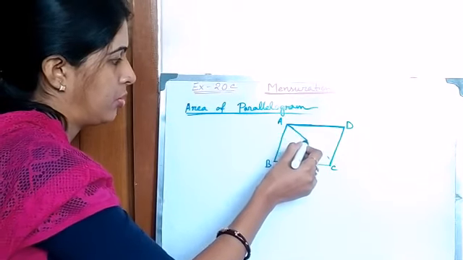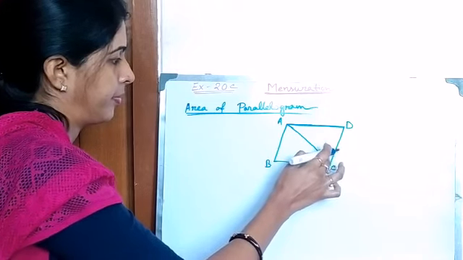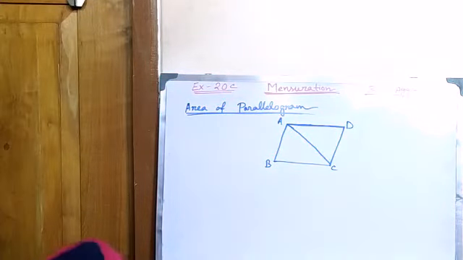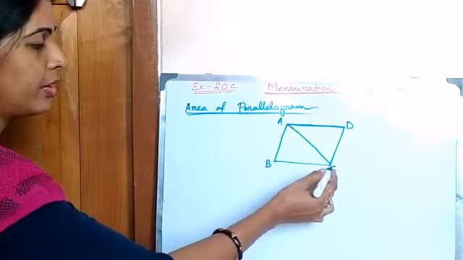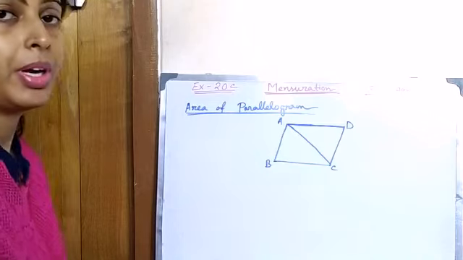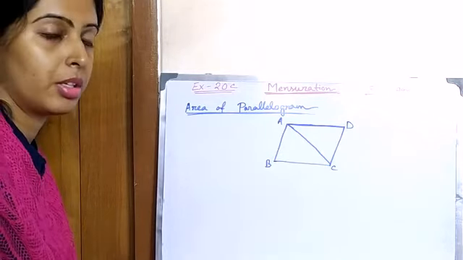I will make two triangles here, that is triangle ABC and triangle ADC. So separately I will find out the area of both triangles.